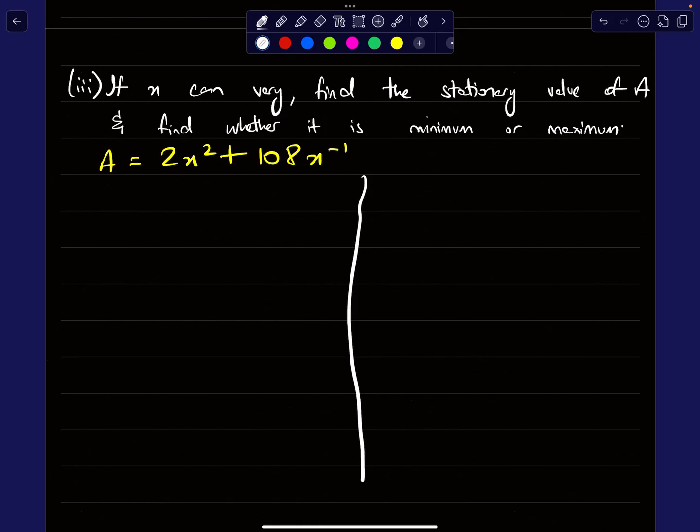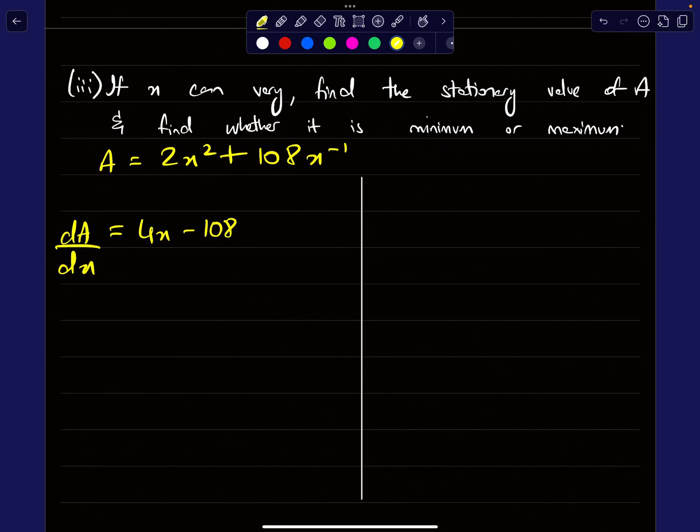You make a margin. Do make a margin in your exam paper too. It improves readability. So dA over dx is equal to 4x minus 108 over x squared. We'll equate this to 0 since the gradient at the stationary value is 0.